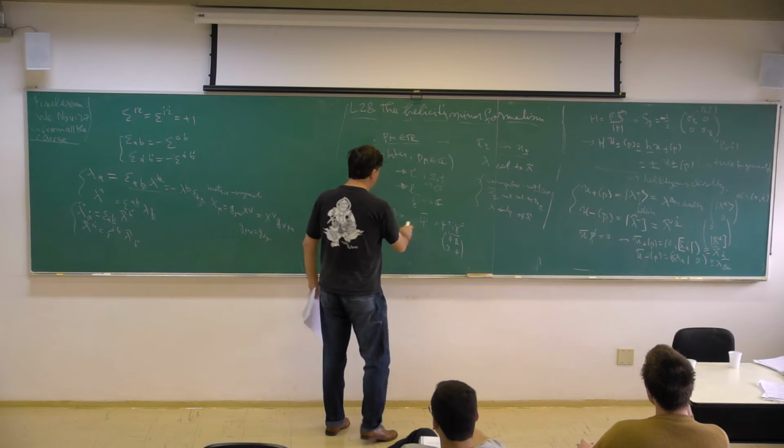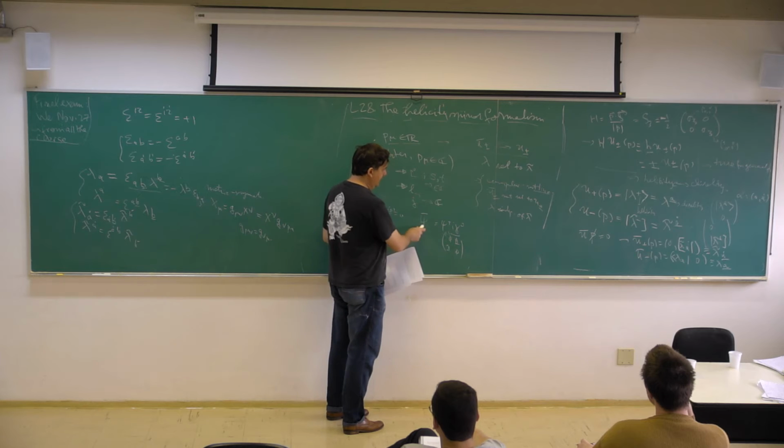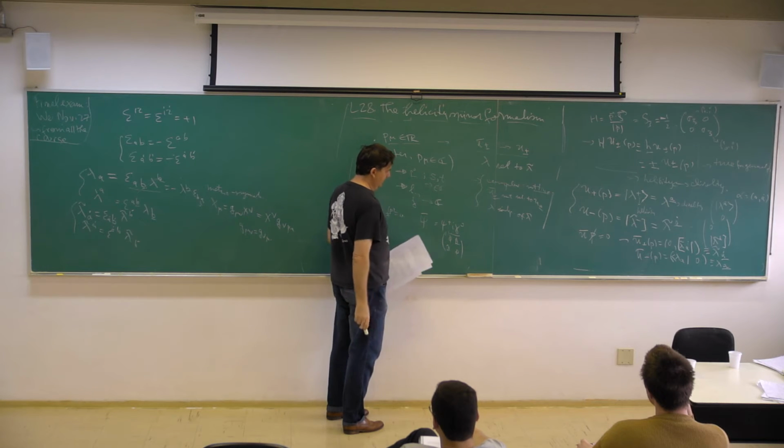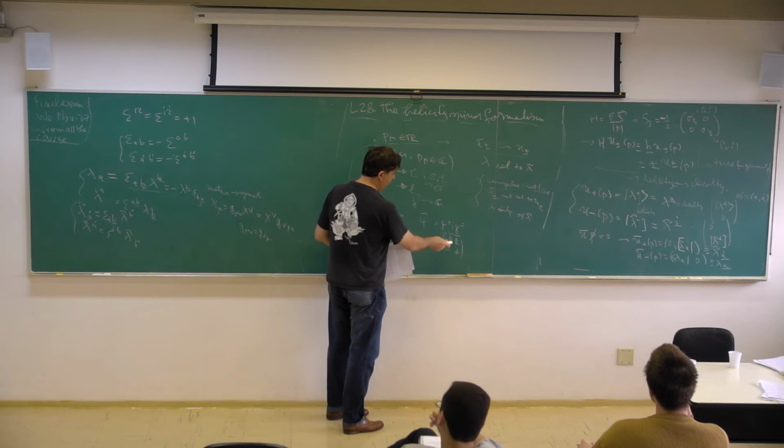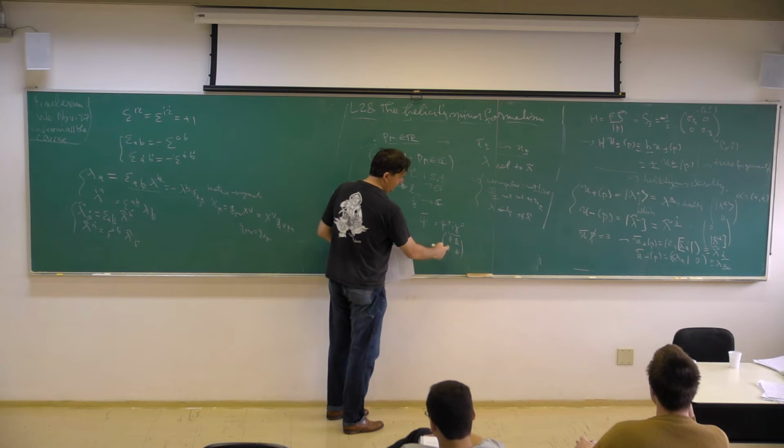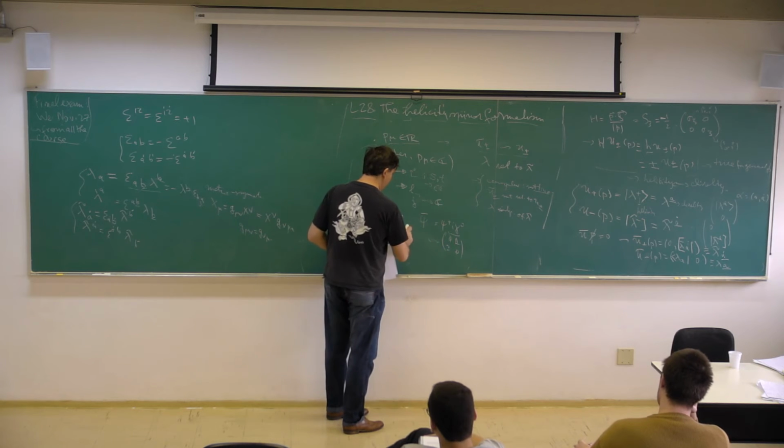So then taking the bar amounts to taking the complex conjugate transpose and also exchanging left and right.